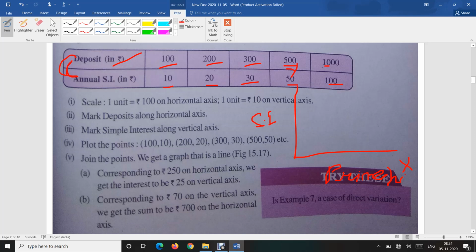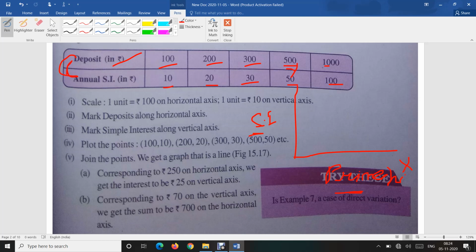The quantity which is increasing will be given on the y-axis. Always remember that the quantity which depends on another quantity will be taken on the y-axis. Here simple interest depends on the principal, so simple interest will be taken on the y-axis.